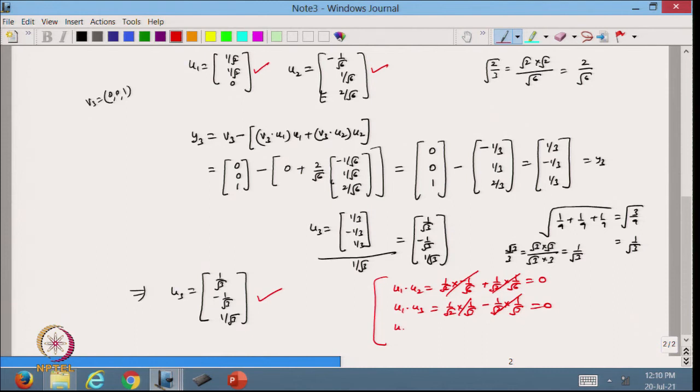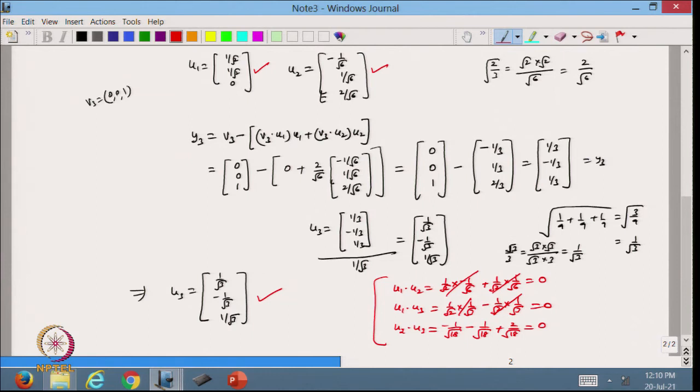Now, I take u2 dot u3. So, u2 dot u3 is minus 1 by, so I am taking 6 into 3, 18, minus 1 by 18, because this is a negative sign, plus 2 by 18, and that will be 0.